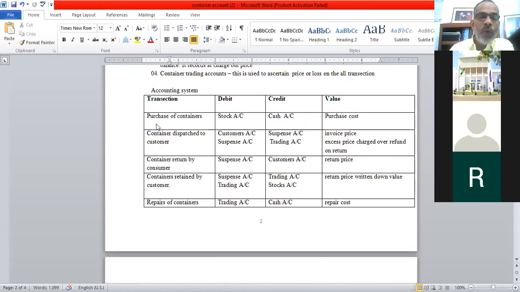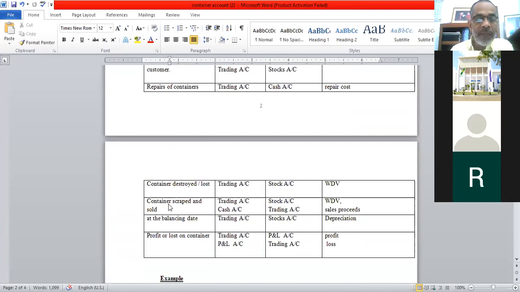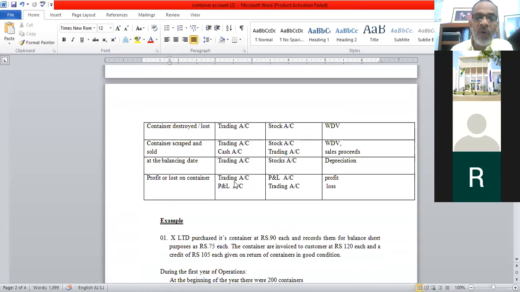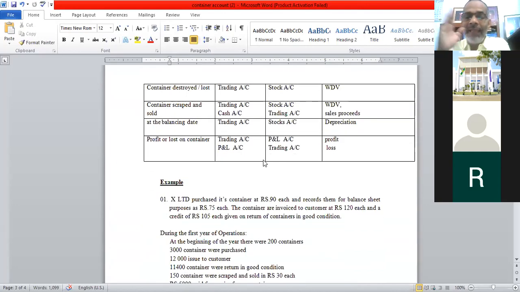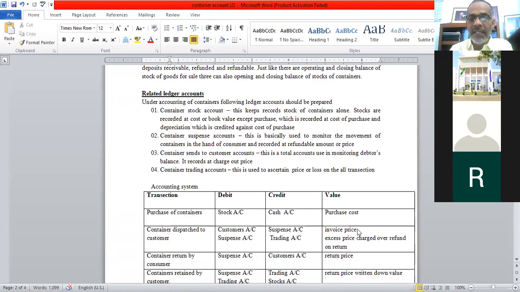I have given when you purchase, which account is debit, which account is credit, what value is to be recorded. Container dispatch to the customers, container return, container repair, container scrap, destroyed, all I have given as a guideline. You can go through. That is the easiest way to understand yourself.